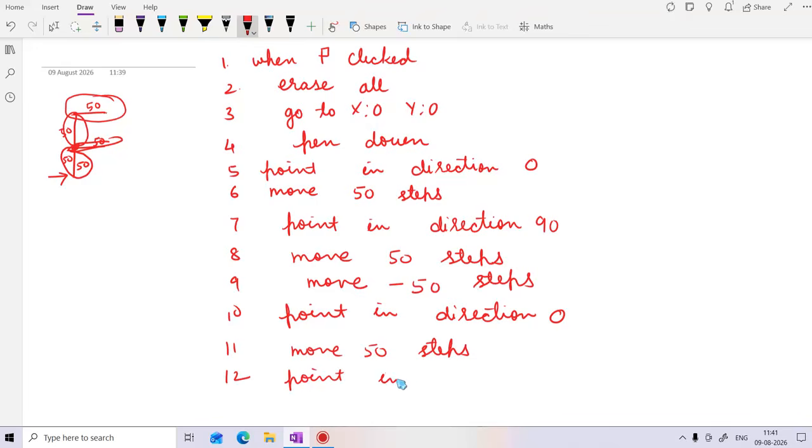So point in direction 90 and we will wind up with move 50 steps. See, this is the way we have completed it, right? So be particular that in this way we have done the diagram.